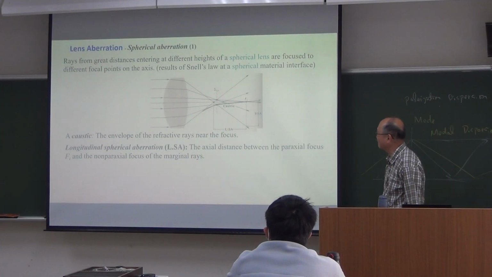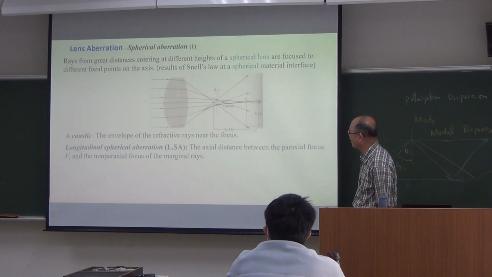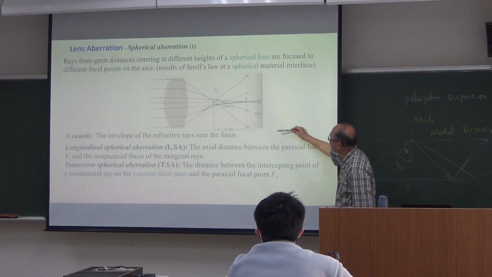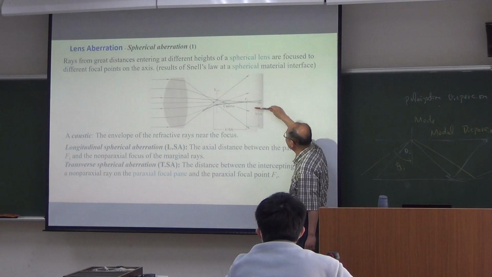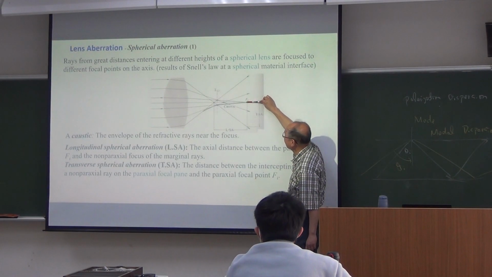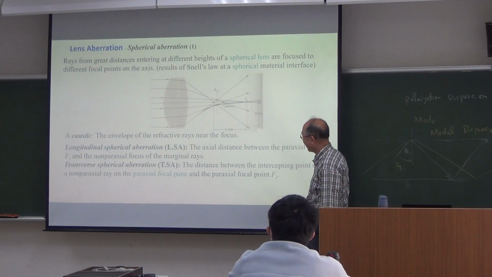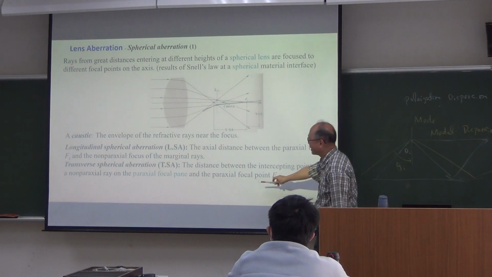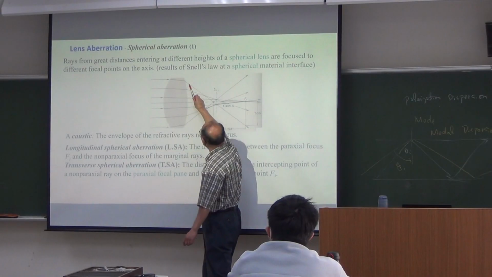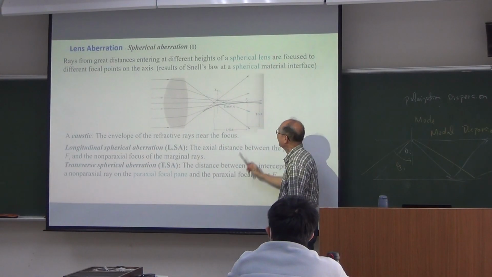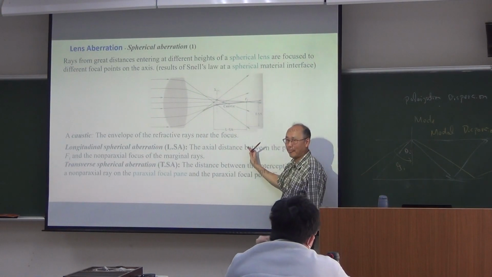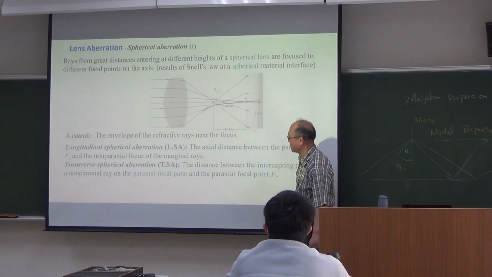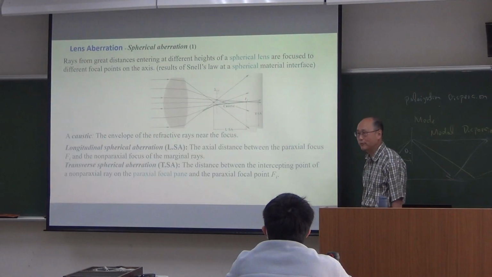And then, in contrast to this, we have transverse spherical aberration. That is this distance: the distance from the axis, between the intersecting point of a non-paraxial ray, right here, with this focal plane. Then you measure the transverse distance. We call this the transverse spherical aberration.